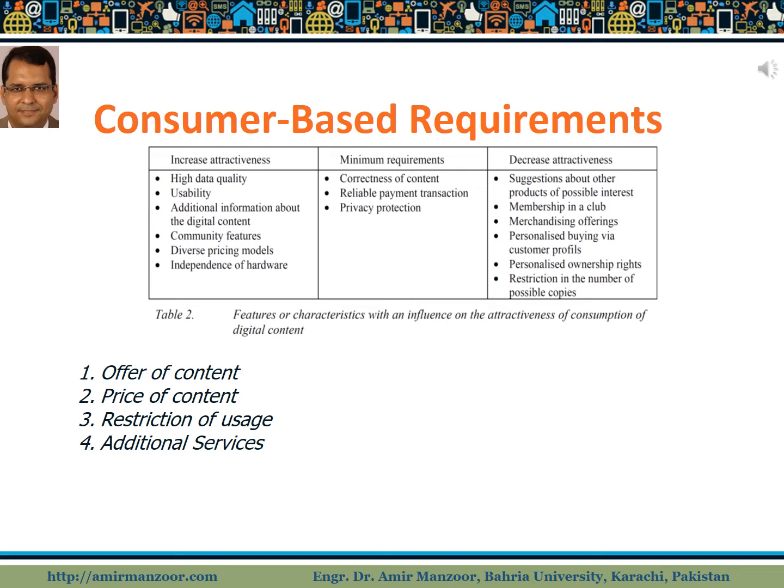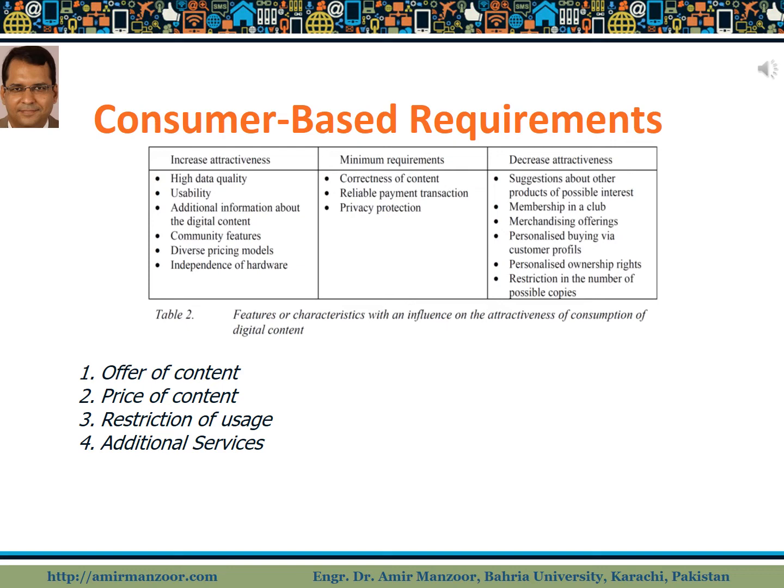Then there are some characteristics of the digital media content that can actually increase the attractiveness of the content. For example, the high data quality, the usability, additional information about the digital content, community features, diverse pricing models, and independence of hardware. These are the characteristics of the content that can actually increase the attractiveness of the content for the consumers.